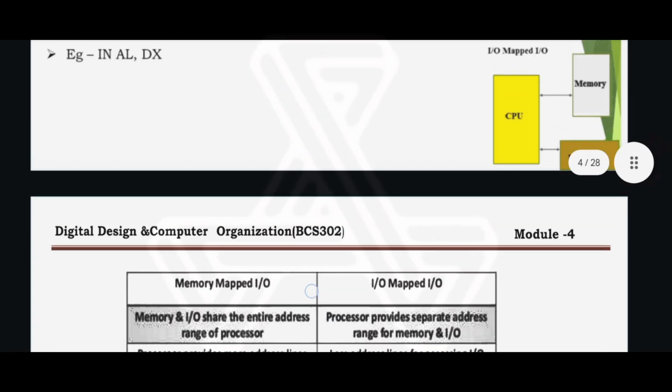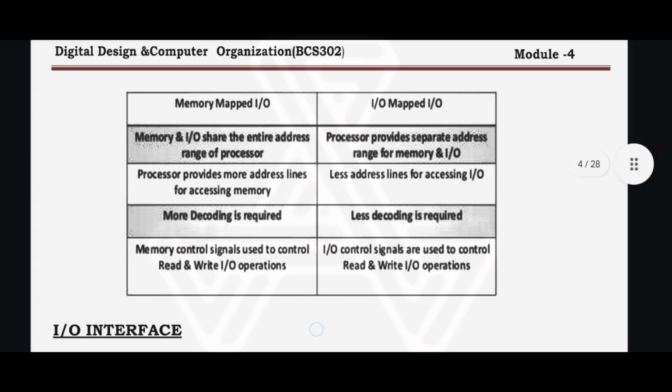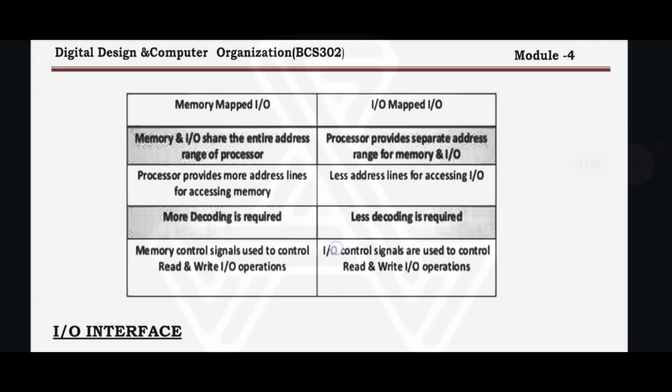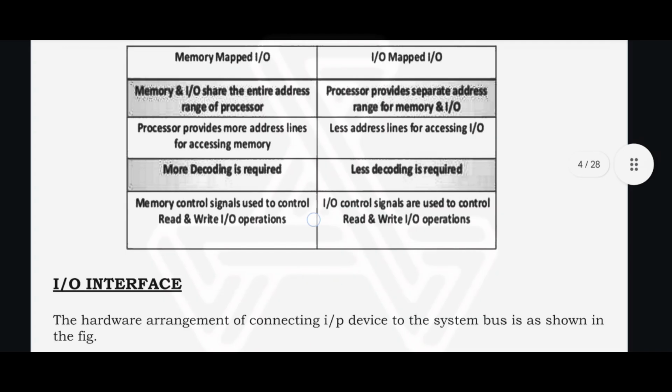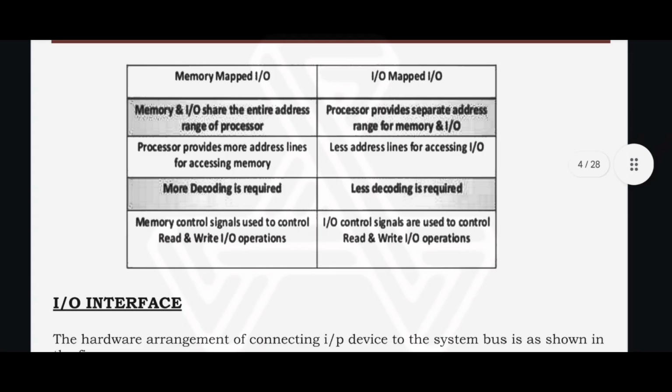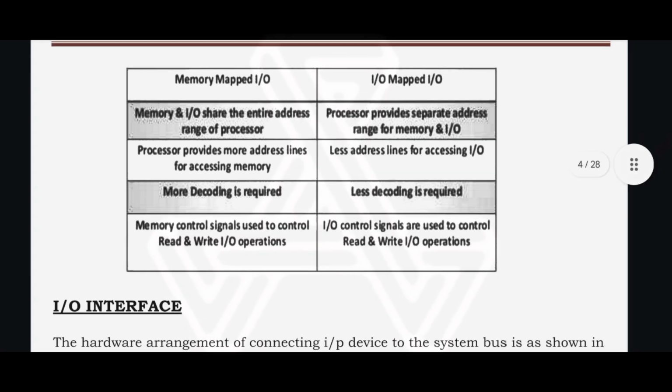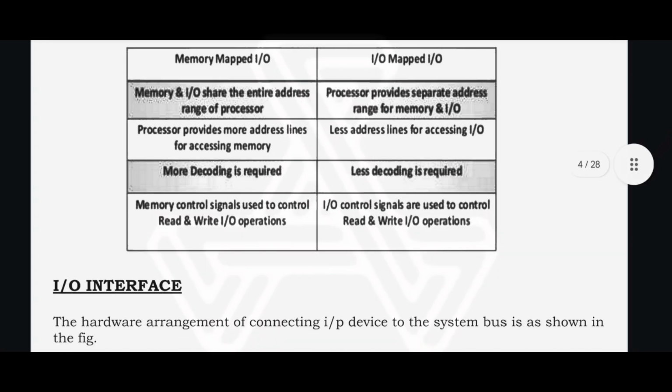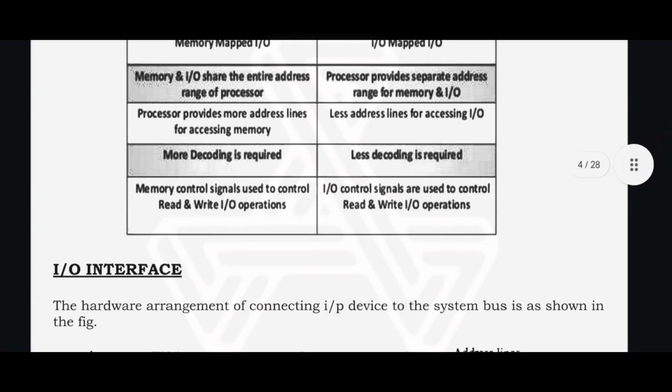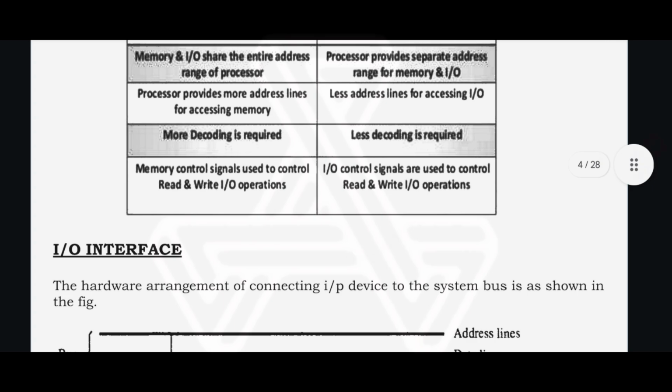Here, memory mapped I/O and I/O mapped I/O compared. In memory mapped I/O, memory and I/O share the entire address range of the processor. In I/O mapped I/O, the processor provides a separate address range for memory and I/O. The processor provides more address lines for accessing memory and fewer address lines for accessing I/O.